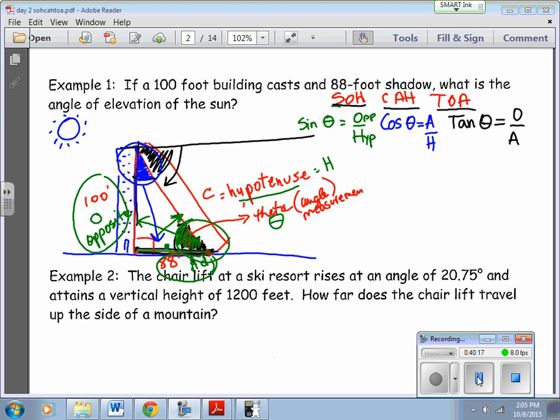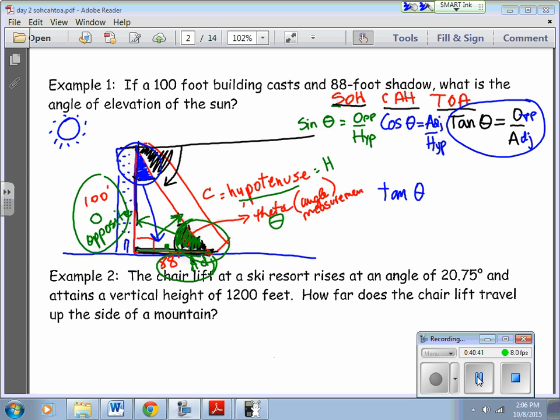Cosine has adjacent and hypotenuse. Tangent has opposite and adjacent. That's the one that has the two sides that I know, and that one will help me find the angle that I'm missing. So go ahead and write this.